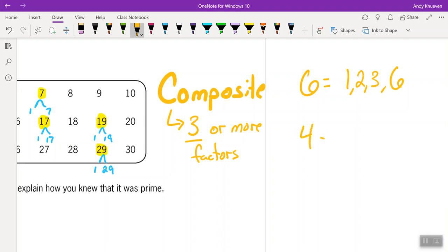Now, 4 is another example of a composite number, and it has 1 and 4, but 4 is a perfect square. I could say 2 times 2, and that works. So that's why we have 3 factors, and that makes it composite.